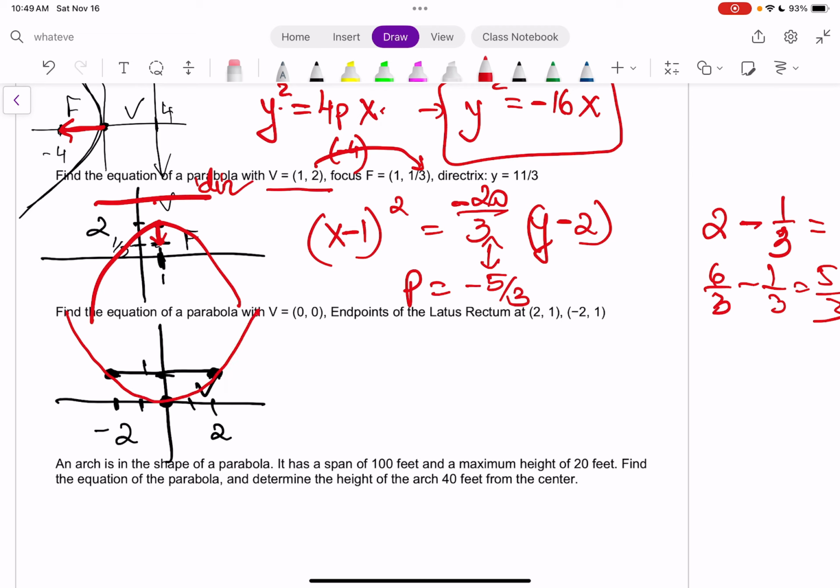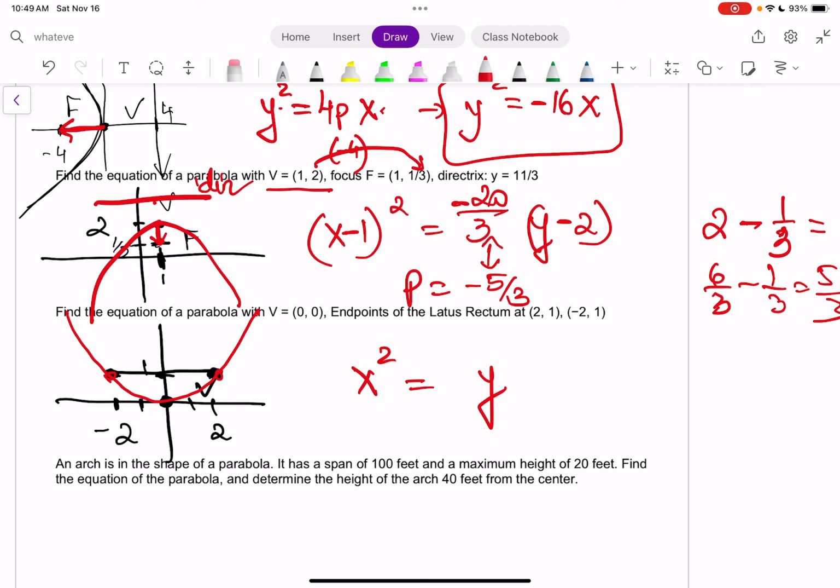Oh, that's easy. Again, x is the one that's being squared. Y is not. It's a quadratic function. Looks like a quadratic function graph, right? A parabola that opens up. So the fact that the vertex is at 0, 0, there's nothing to subtract from x and y.